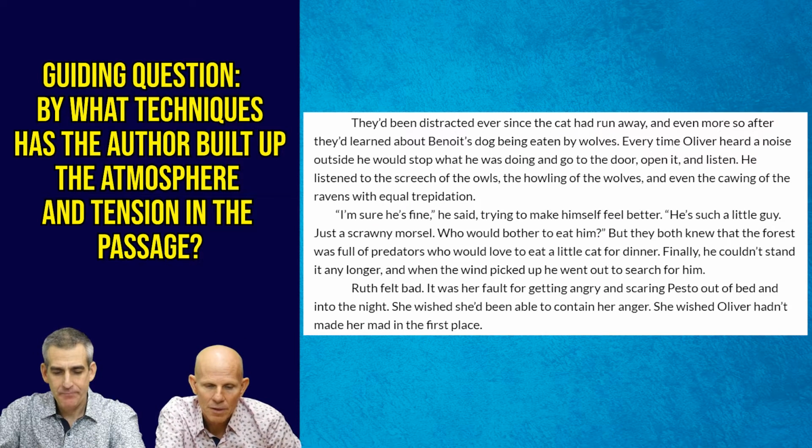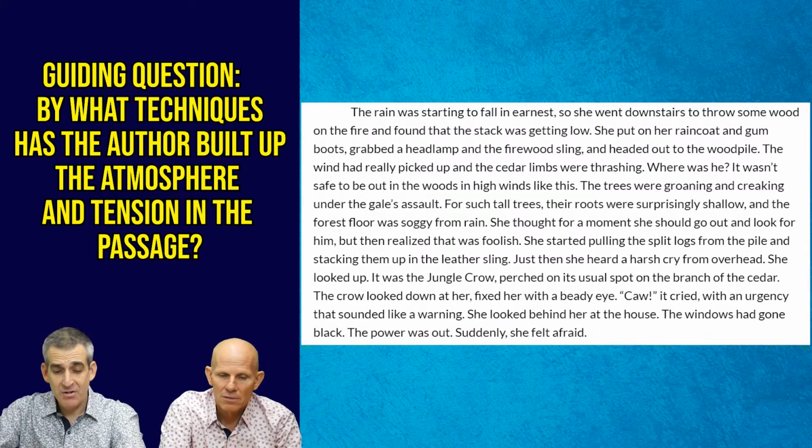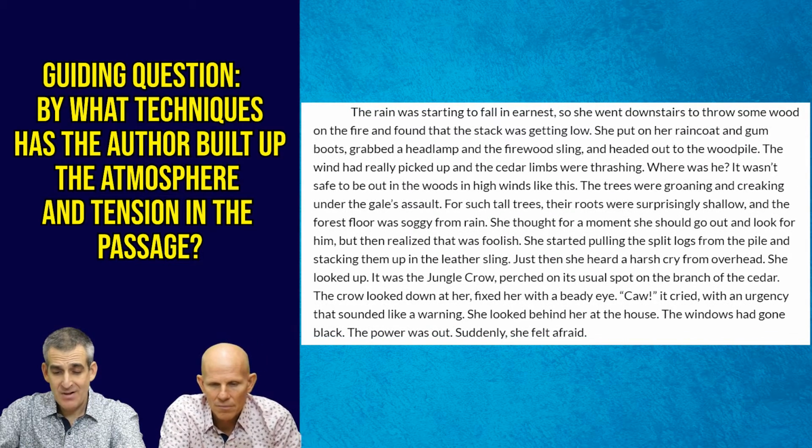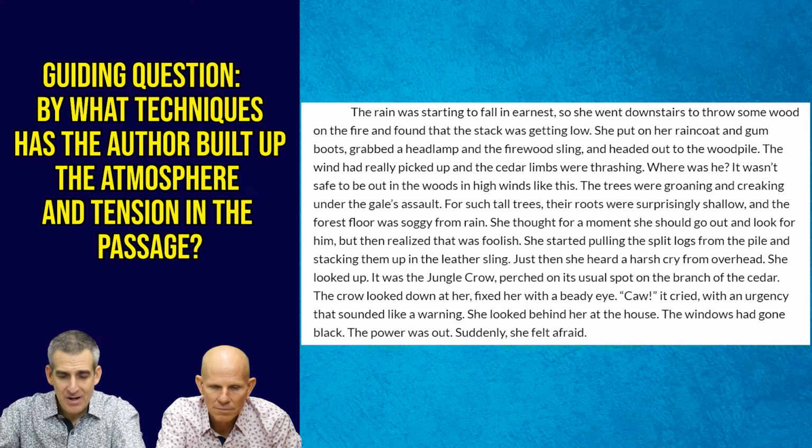Ruth felt bad. It was her fault for getting angry and scaring Pesto out of the bed and into the night. She wished she'd been able to contain her anger. She wished Oliver hadn't made her mad in the first place. The rain was starting to fall in earnest, so she went downstairs to throw some wood on the fire and found that the stack was getting low. She put on her raincoat and gumboots, grabbed a headlamp and the firewood sling, and headed out to the woodpile.